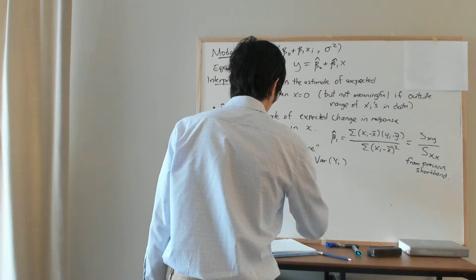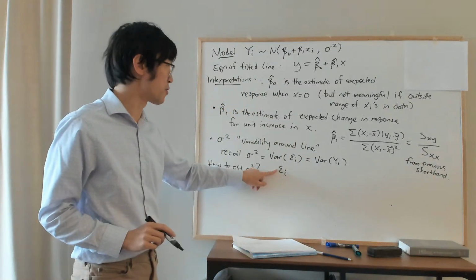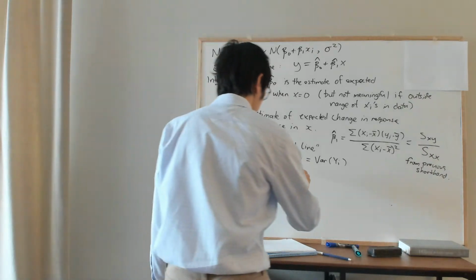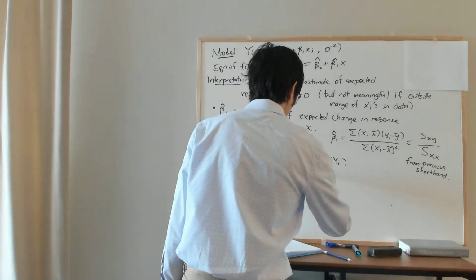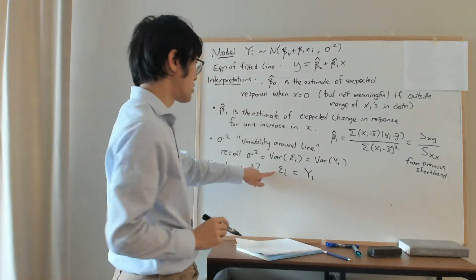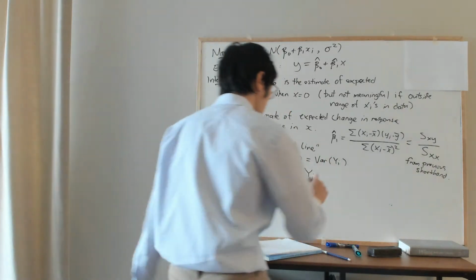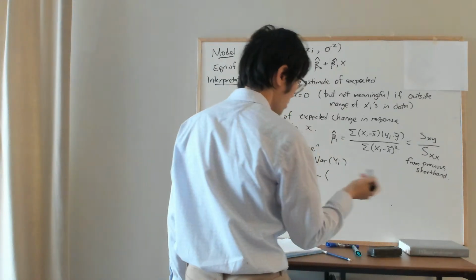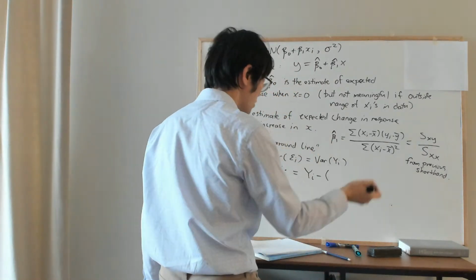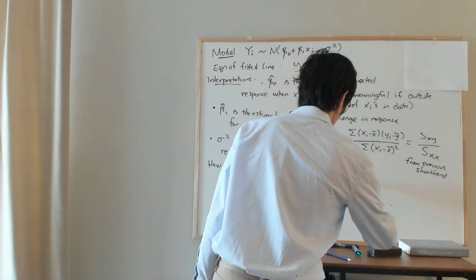Remember that when we think of the error term in our model, epsilon i, if I rearrange what I wrote at the beginning, we can think of epsilon as being the difference between the random variable, the model for Yi, minus the regression line for the model, that's beta 0 plus beta 1 xi.